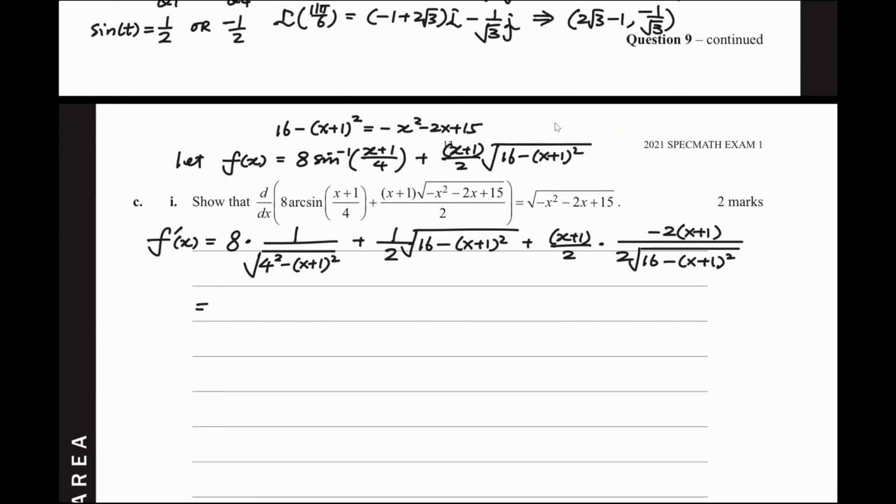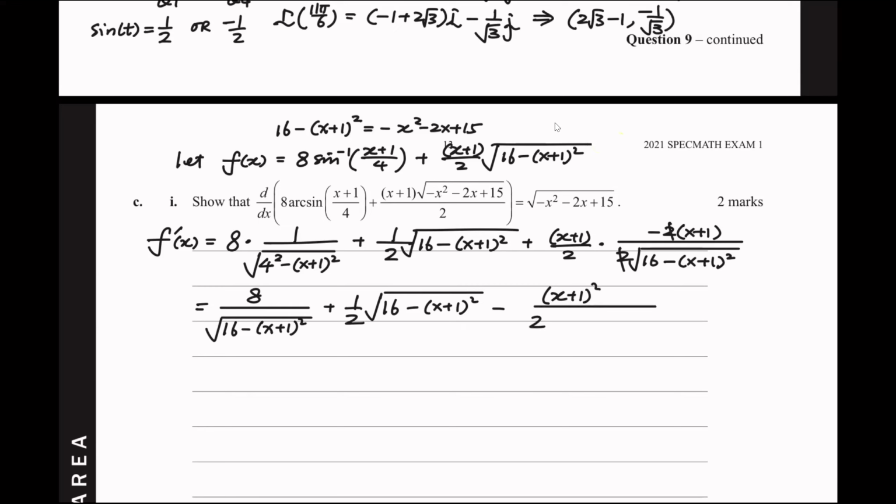Then I'm able to get 8 divided by root 16 minus (x plus 1) squared, under the square root, plus a half square root of 16 minus (x plus 1) squared. Cancel the 2 and the 2, you get a minus (x plus 1) squared divided by 2 square root of 16 minus (x plus 1) squared.